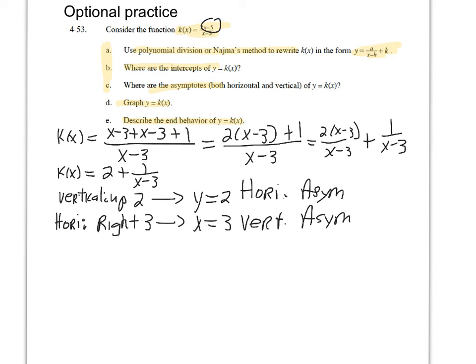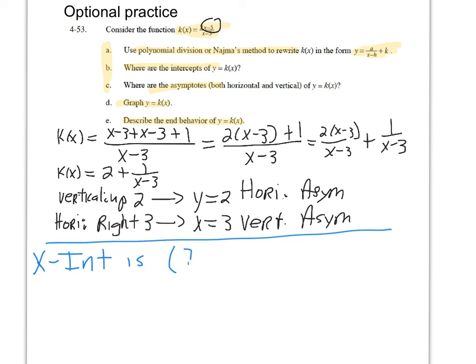The x-intercept is going to be at some value, comma 0. My y-intercept is going to be at 0, comma some value.